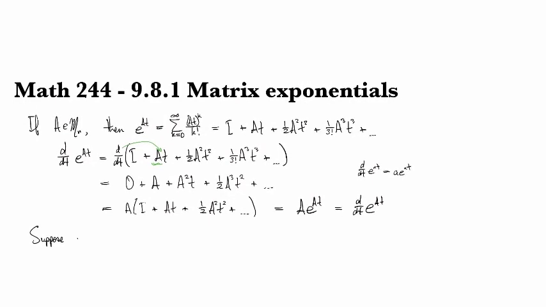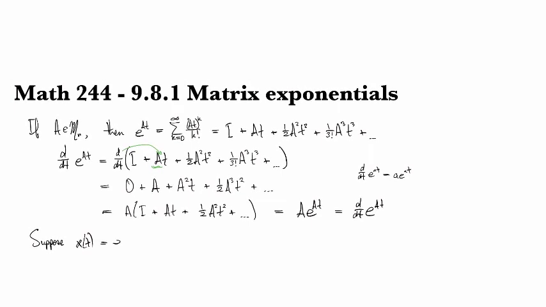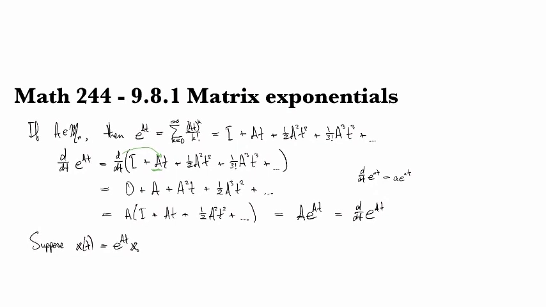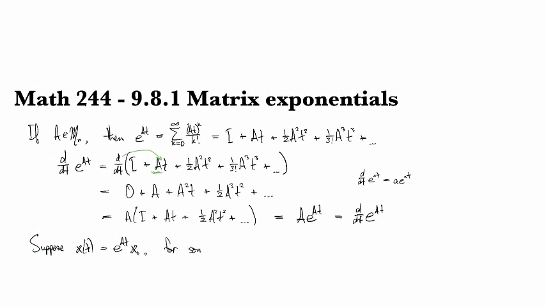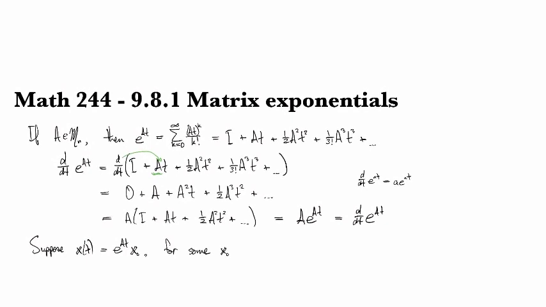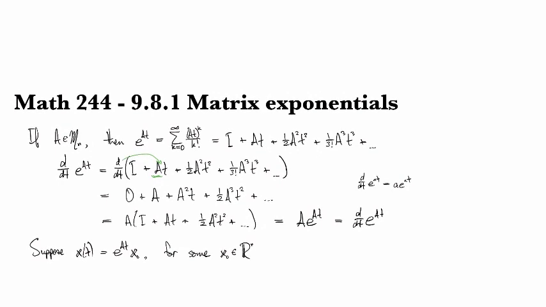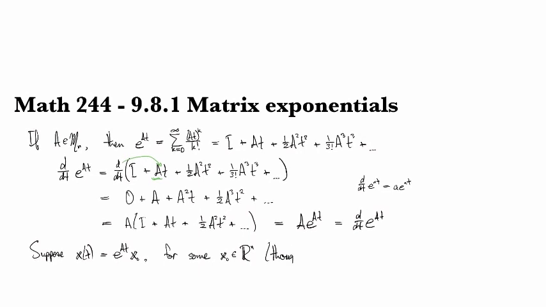Okay, so now suppose that we've got x of t, and this is e to the At times some vector x naught, a vector of constants.